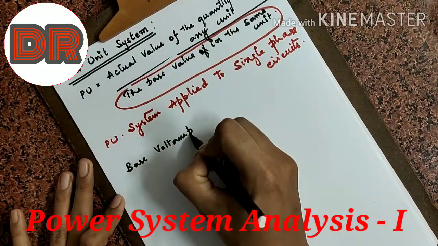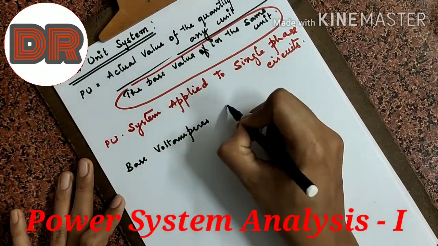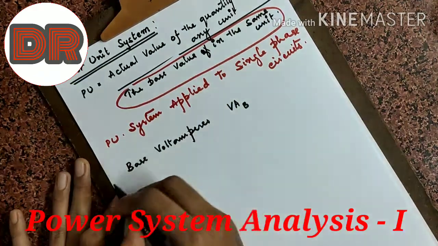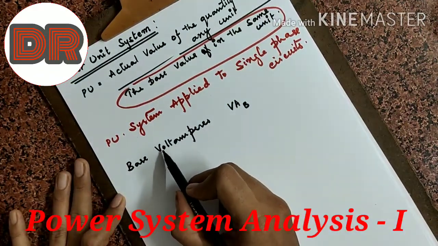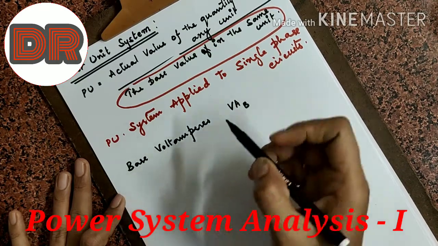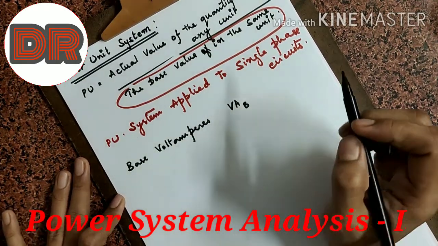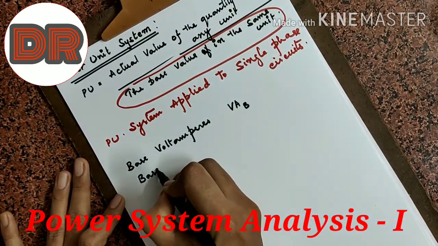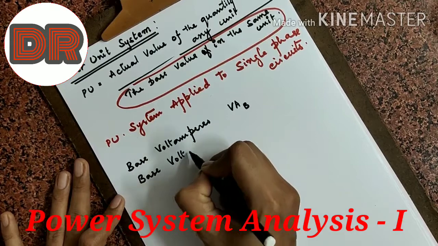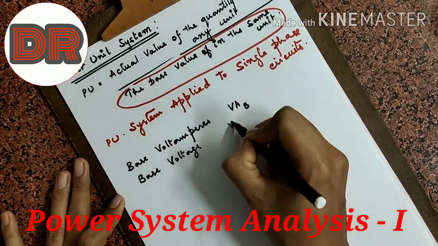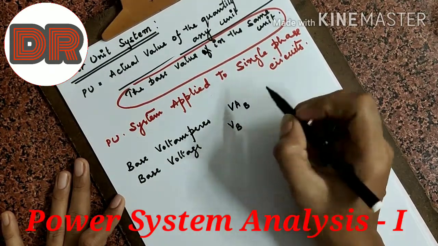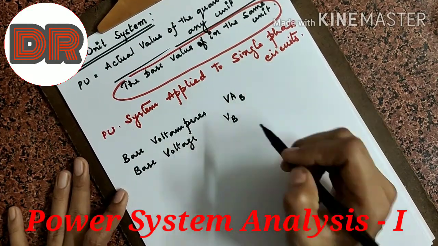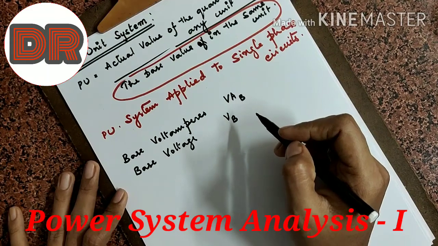That is the power or apparent power, given in volt amperes, and VA base is the notation I am using. Similarly, let me take the base voltage notation as VB. So VA base stands for base volt amperes, and VB stands for base voltage.